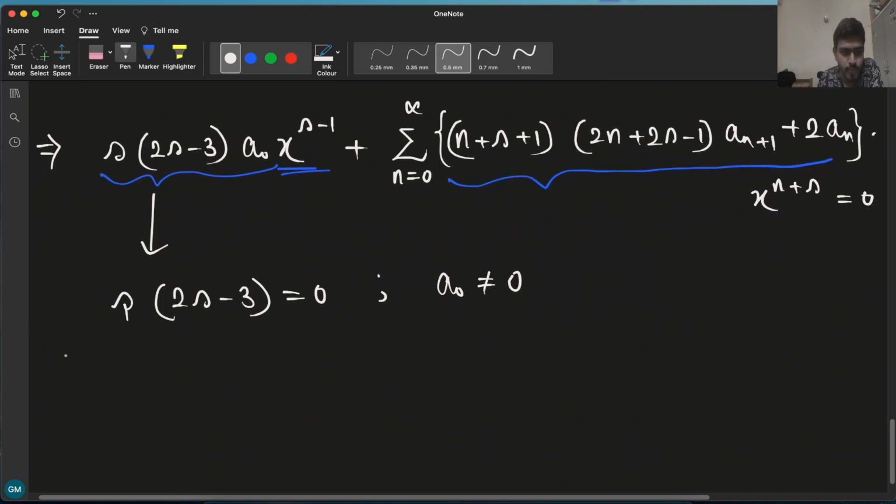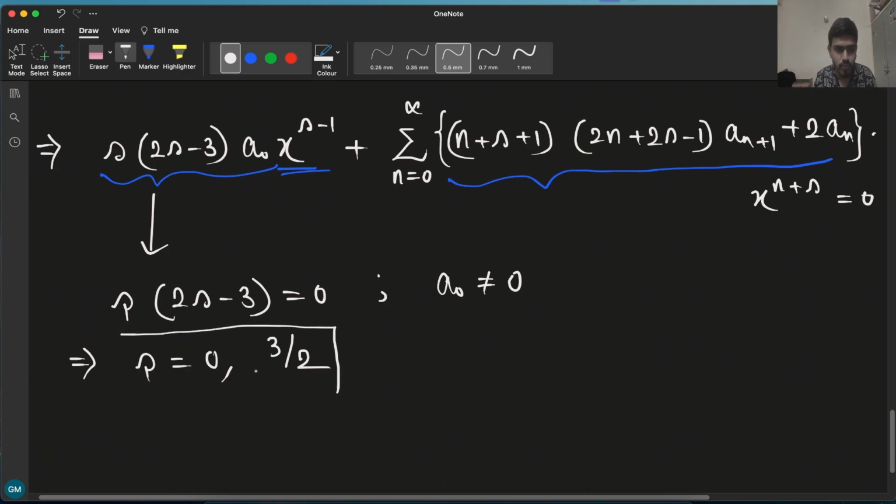In that case s will be 0 or 3 by 2. Two values of s are possible.